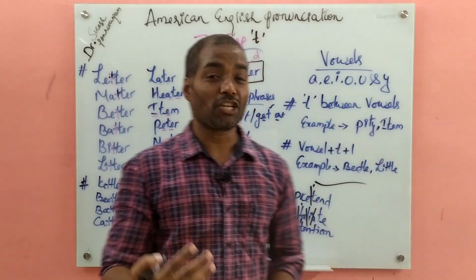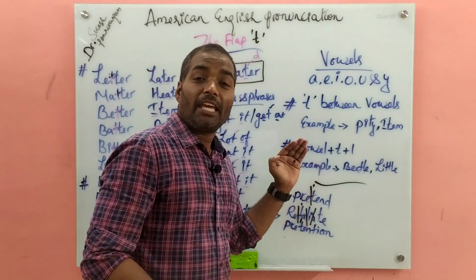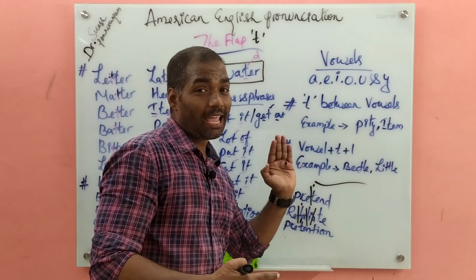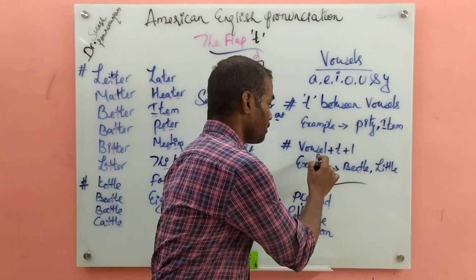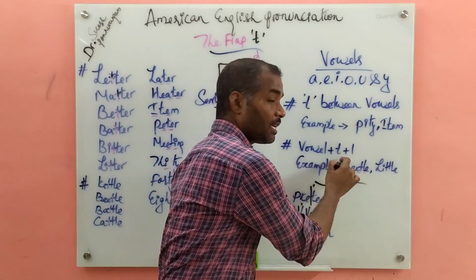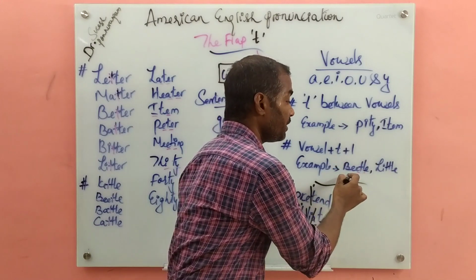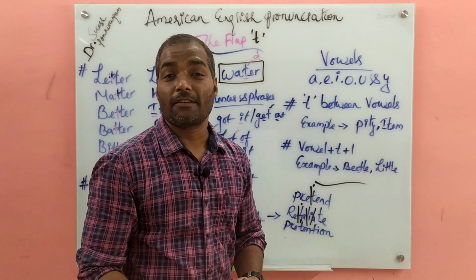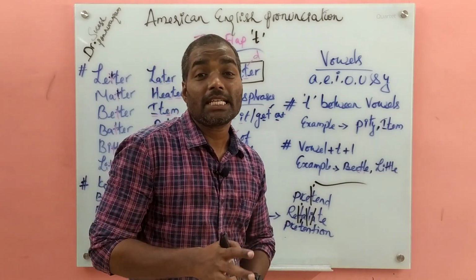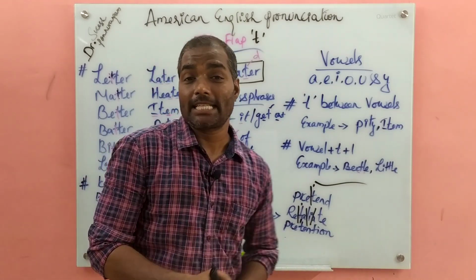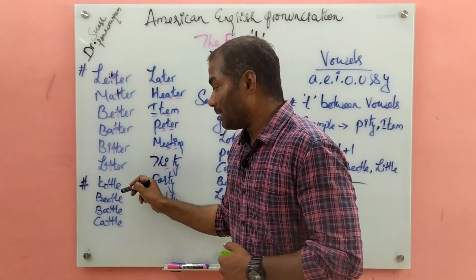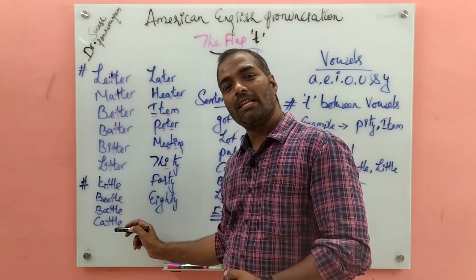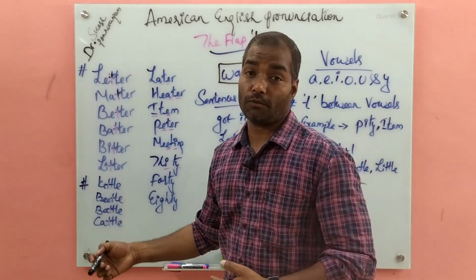And then the second rule is this: if the T is in between a vowel and the L, like this, vowel, T, L, like the words "beetle," "little," then you have to apply the D sound, the flap T sound here. "Kettle," "beetle," "battle," "cattle," and "bottle," another word.